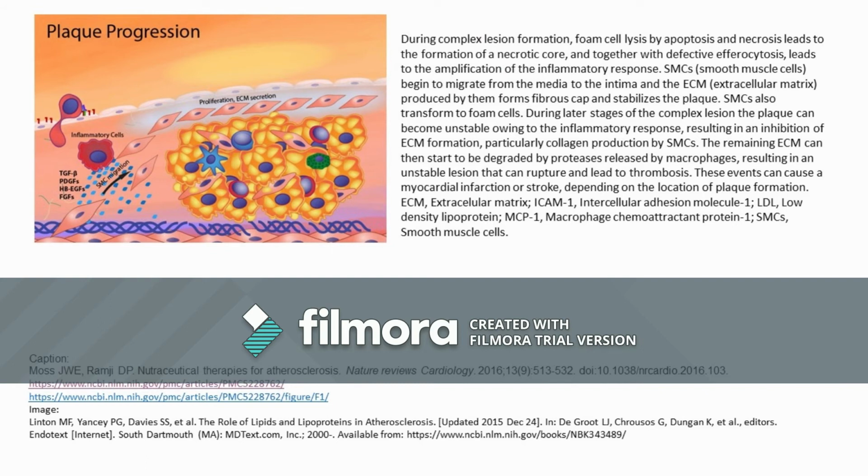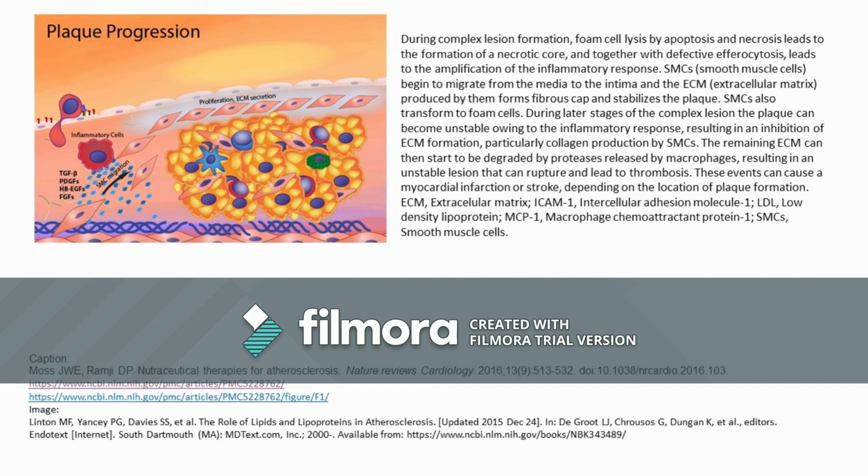During complex lesion formation, foam cell lysis by apoptosis and necrosis leads to the formation of a necrotic core, and together with defective clearance, atherosclerosis leads to the amplification of the inflammatory response.